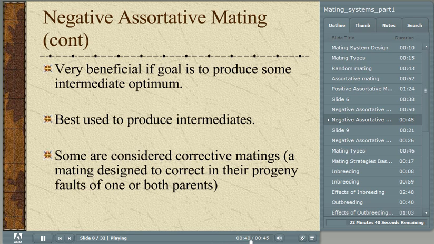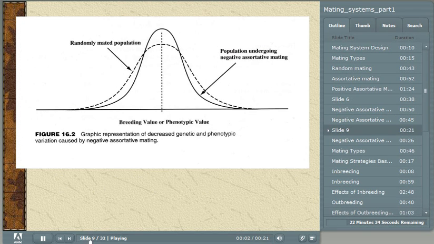So we're trying to correct in the progeny the faults of one or both of the parents. If we look at this graphically, again using the randomly mated population as our basis, we see that bell curve, or that distribution of progeny in our herd, start to shrink. That is, the bell curve gets more narrow but taller, meaning more animals are clustered around the mean.